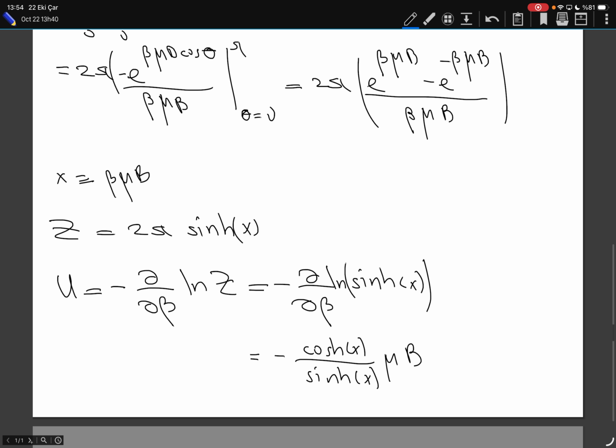Let me just write, this is z1, so z is z1 to the n. So here I have an overall n. N is the number of magnetic dipoles I have.